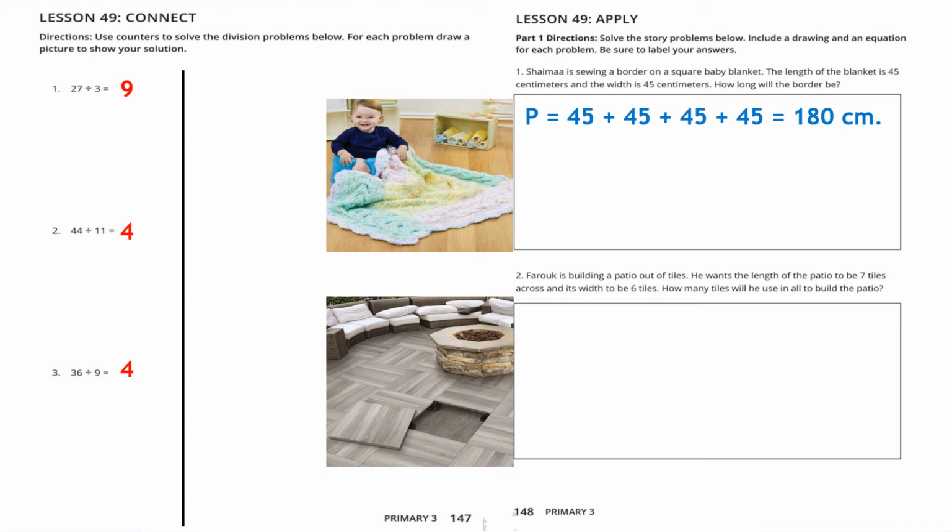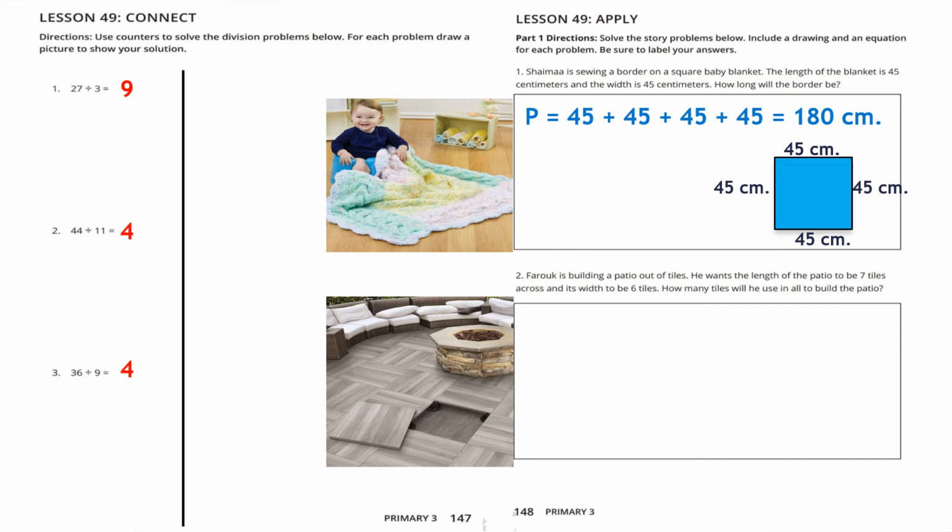I can add them 2 by 2. 45 plus 45, 90. And 45 plus 45, 90. 90 plus 90, 180 centimeters. I can draw it like this, okay, to find the perimeter.